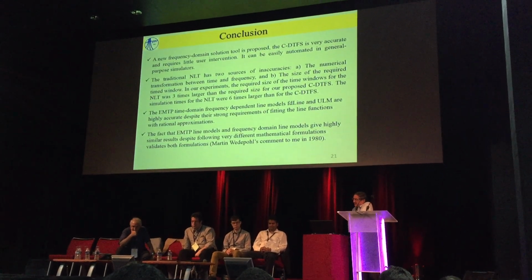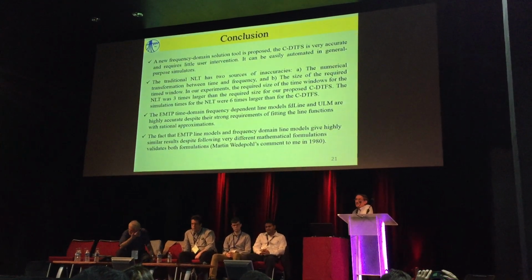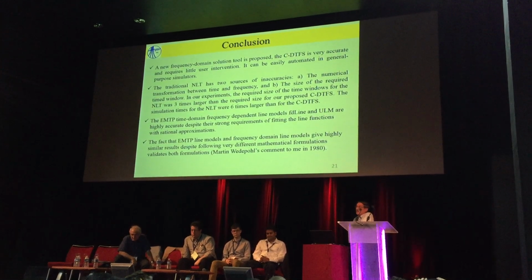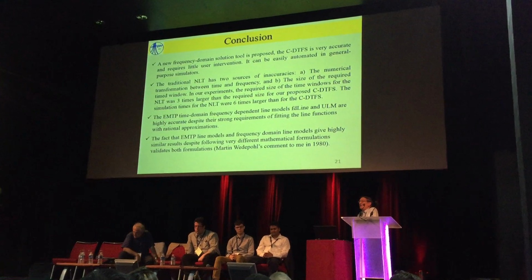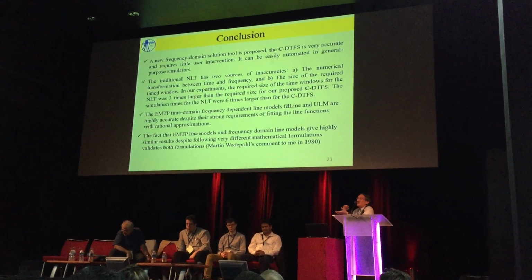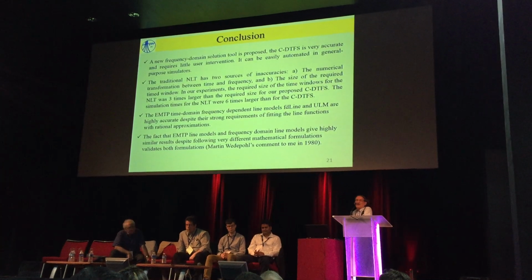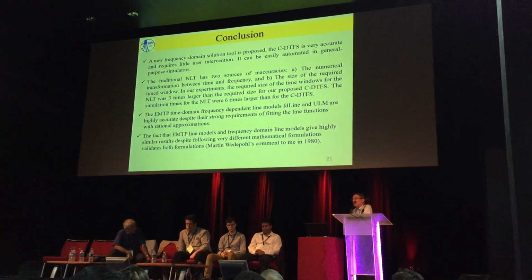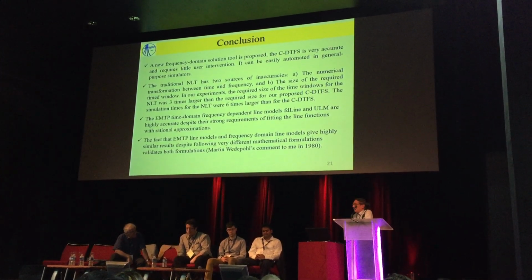One important thing, as a side comment, is that the frequency-dependent models in the EMTP are very accurate. That's really amazing because the frequency domain models have to do lots of acrobatics to fit transfer functions for the characteristic impedance or admittance, to fit the propagation function, to fit the transformation matrix in the case of ULM.